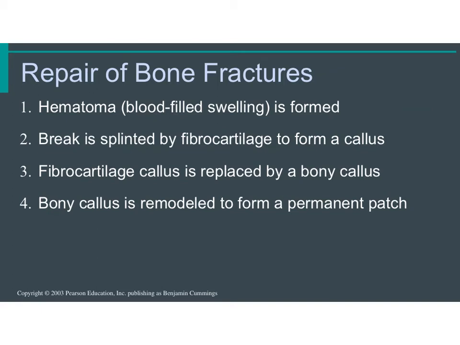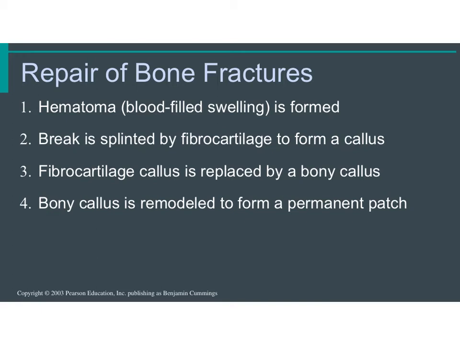So after the fibrocartilage matrix is in place, then very similarly to bone growth, a bony callus will form in the area where the fibrocartilage callus was. So rebuilding that bone, that's the osteoblasts building up the bone.